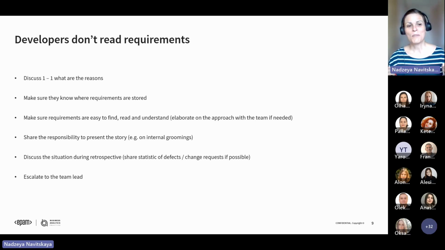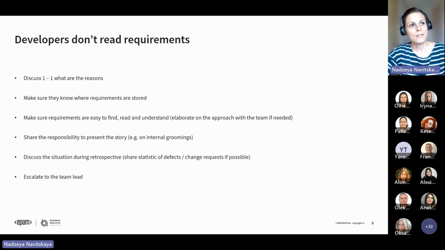The next one is my favorite: share responsibility to present the story, for example, on internal grooming. This trick I used with some of our developers, because I had several teams I was communicating with, and one of the teams never prepared for internal groomings.